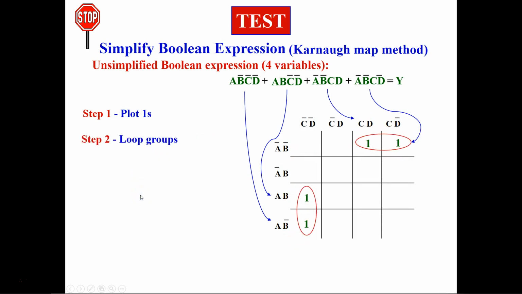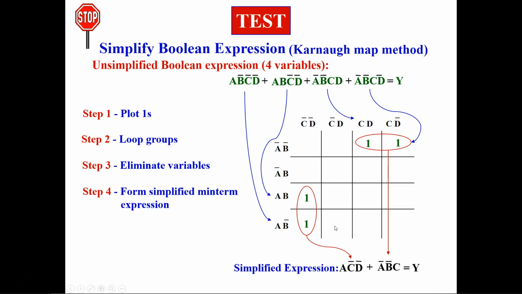So let's see. Loop groups. Eliminate variables. So you saw, we eliminated variables like B bar here, because that was not the common part, and here D bar was not common, so you have eliminated that, and then you have a simplified form, which is A C bar D bar, right?